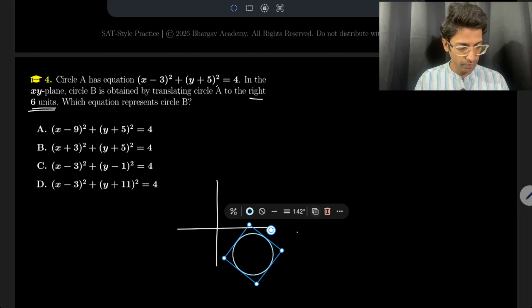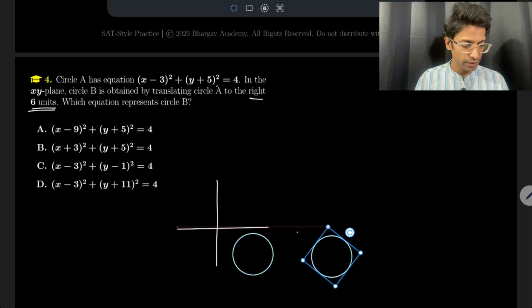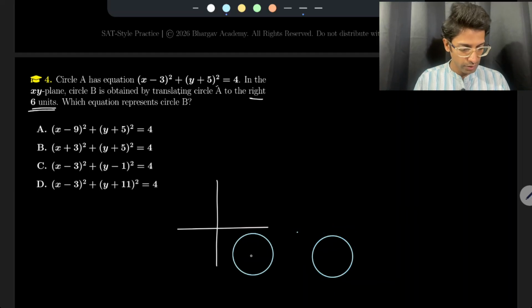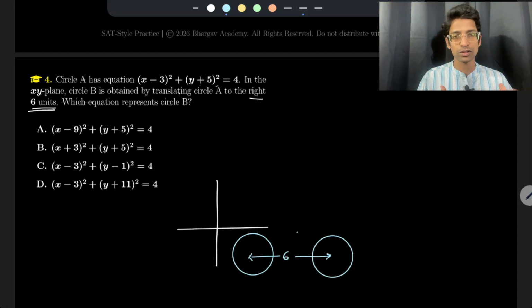We have translated this circle to the right by 6 units. So the translation is only happening along the x direction, nothing is happening along the y direction. So this is the understanding of the question.